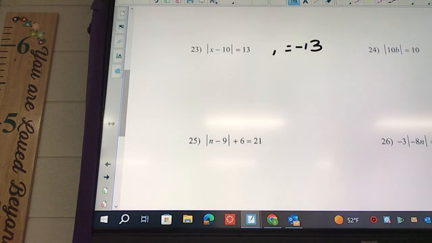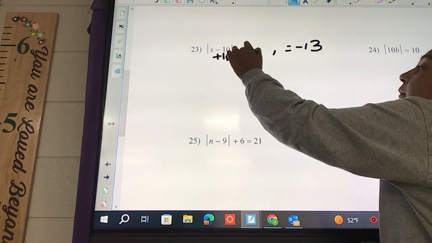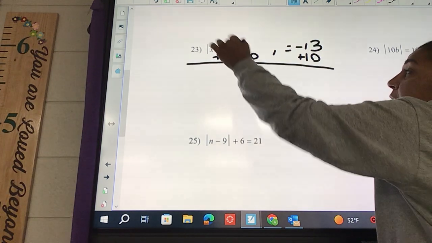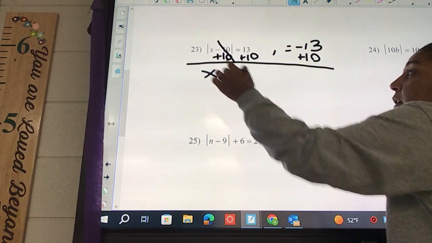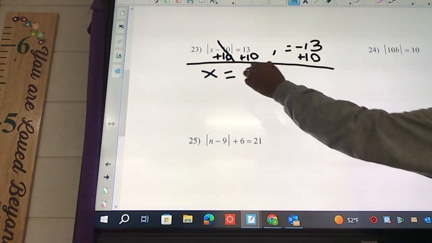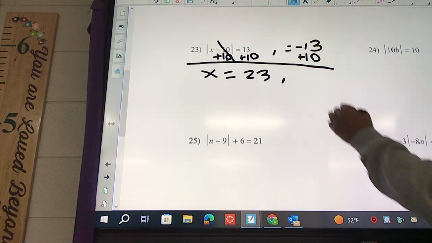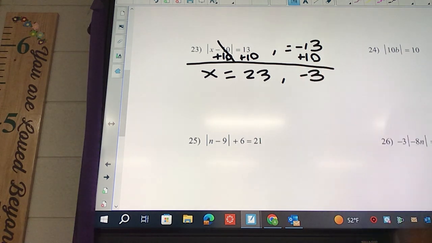How do I solve for x? Plus 10. Really you're writing down plus 10 3 times. So we got x equals 23, comma, and this other one, -13 plus 10 is gonna be -3.